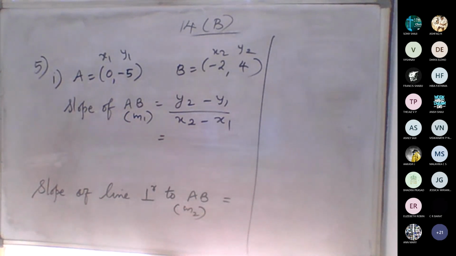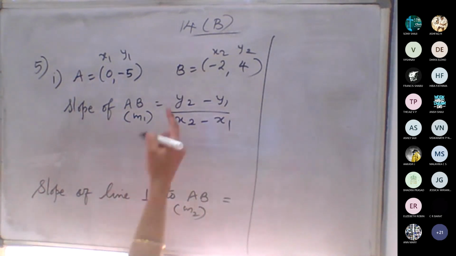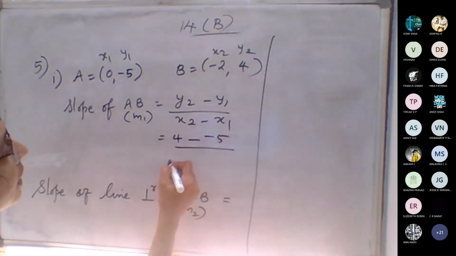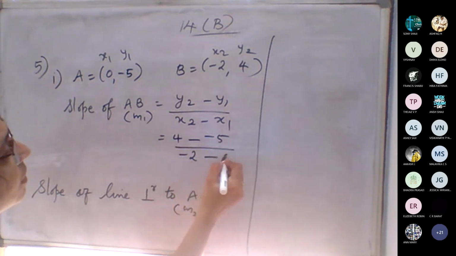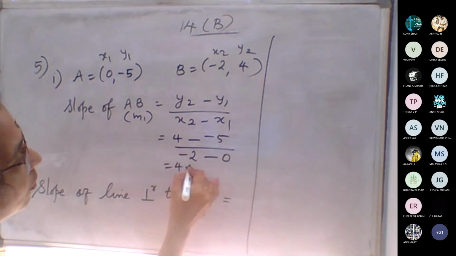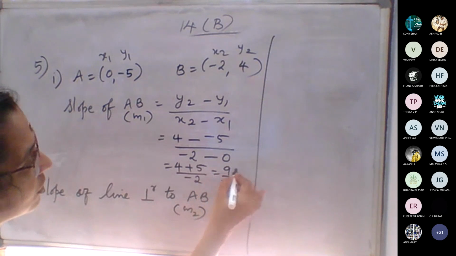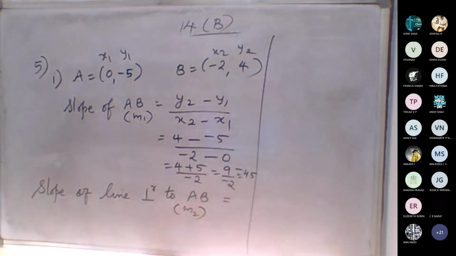So m1 is 4 minus y1, negative 5, divided by x2, negative 2, minus 0. So it will be 4 plus 5 divided by negative 2, that is 9 by negative 2, which is equal to negative 4.5. Okay. Up to that understood, no?